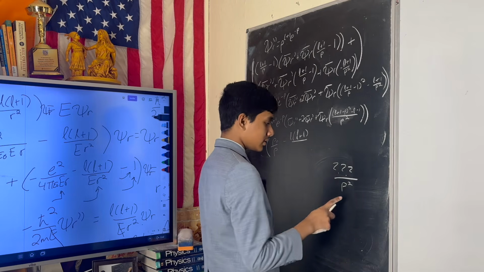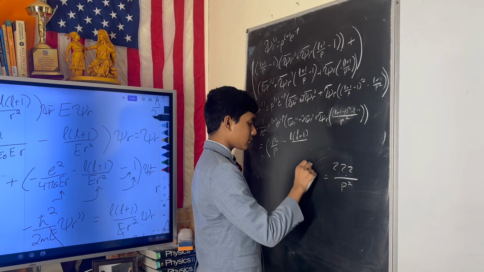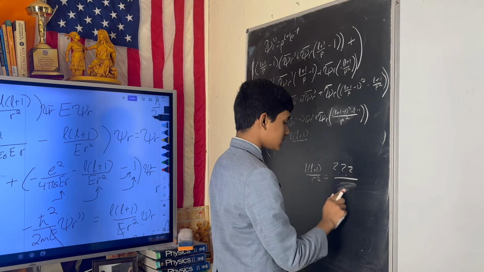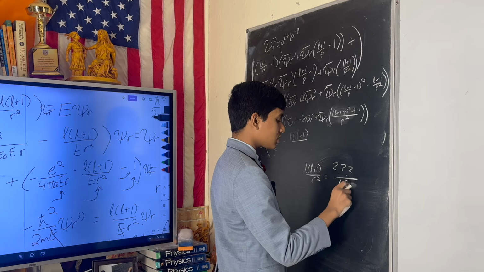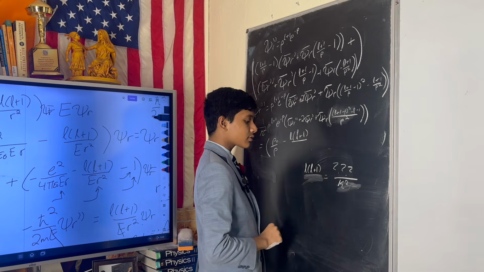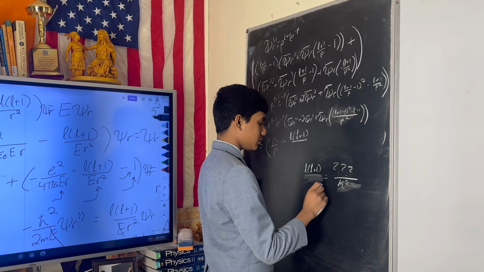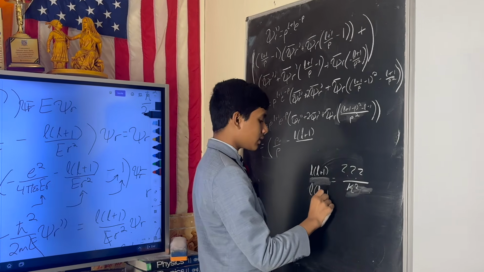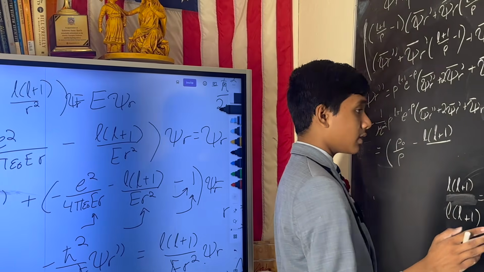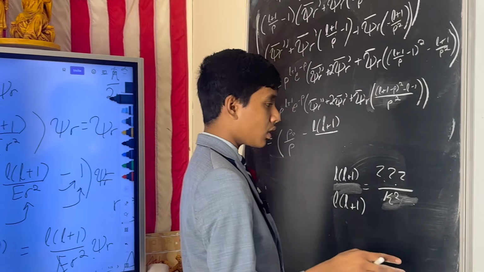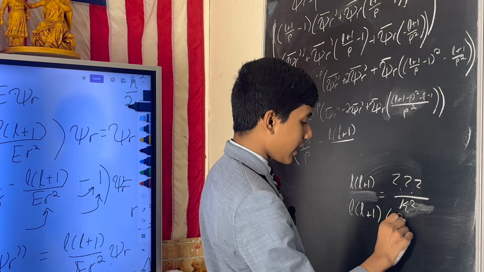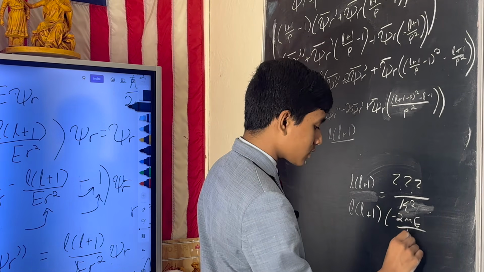And rho squared is, of course, just kappa squared r squared, which means that this something or the other has to just be equal to L times L plus 1 times kappa squared, and kappa is the square root of minus 2me over h bar, which means this is just going to be times minus 2me over h bar squared.